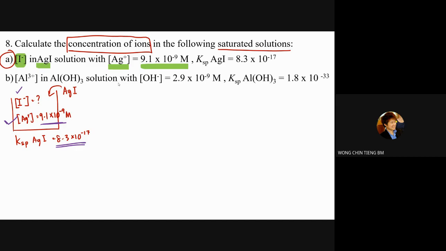Buat soalan B sekali. Soalan macam ni kalau keluar 1 minit kena boleh siap dah. Soalan B sekali.